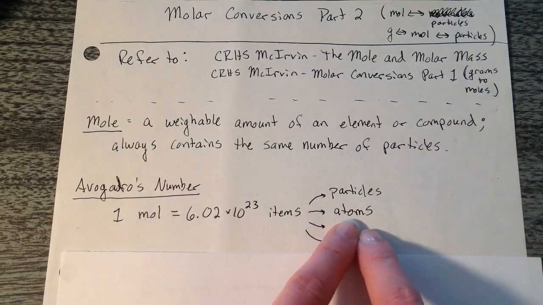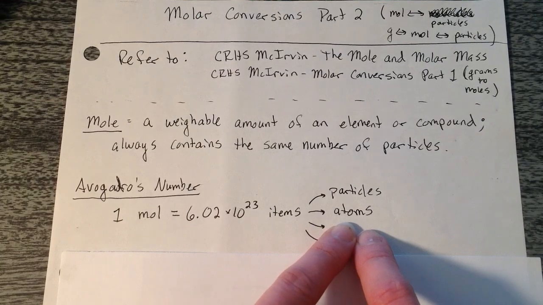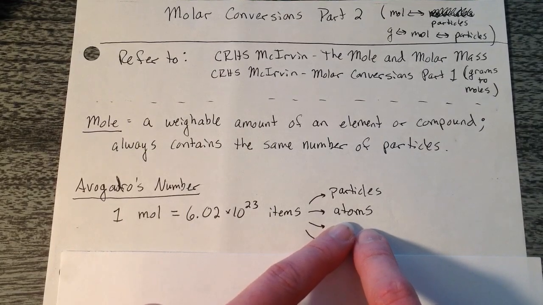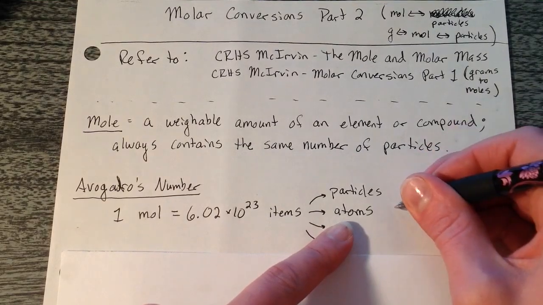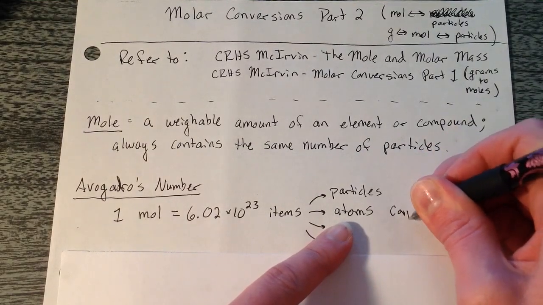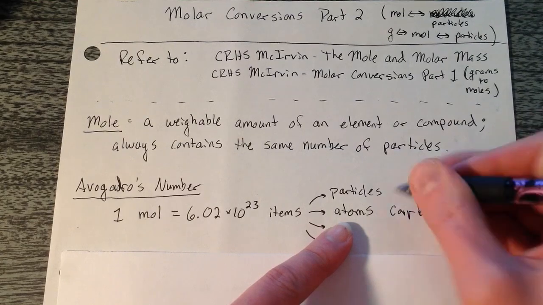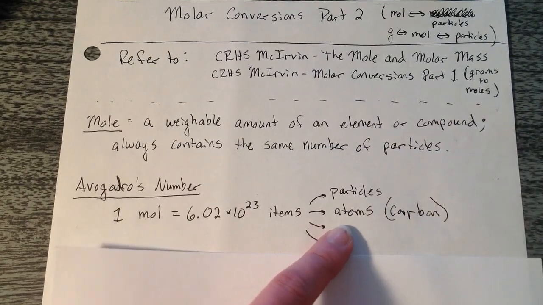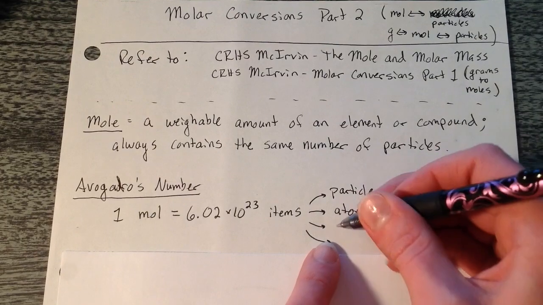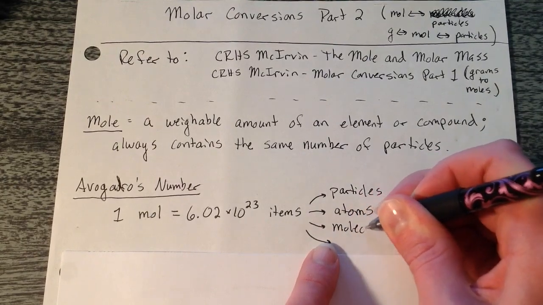So we can use Avogadro's number in order to count an amount of atoms. And atoms tend to refer to individual elements. For example, if I wanted to focus on just carbon, I have carbon atoms.